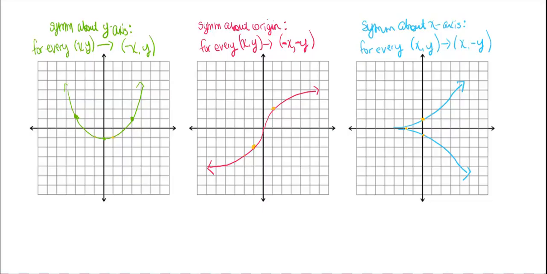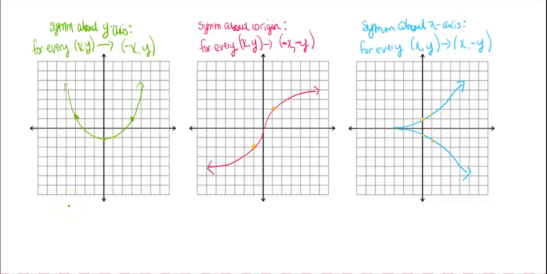Then I'm also going to have a 0, negative 1. Or let's say this is the point 1, 1.5. Then I'm going to have the point 1, negative 1.5 on here. So a graph that's symmetric with respect to the x-axis means it's reflected across the x-axis. For every x, y you have, you're also going to have an x, negative y.